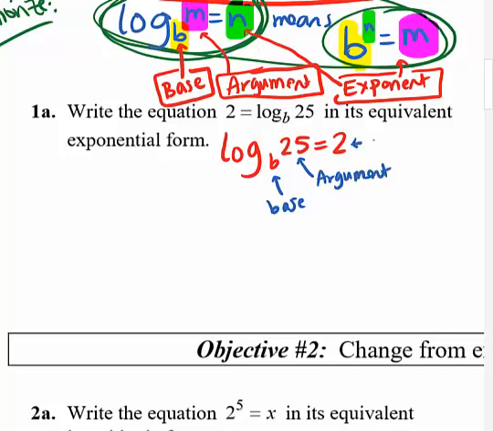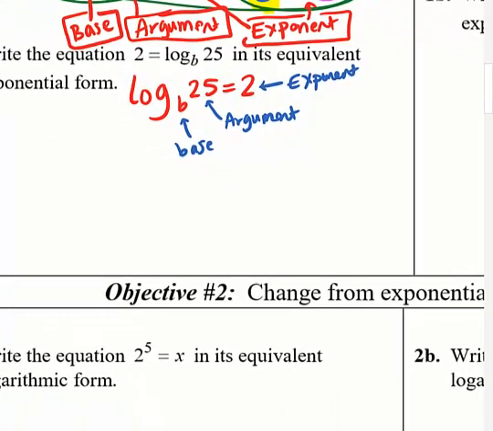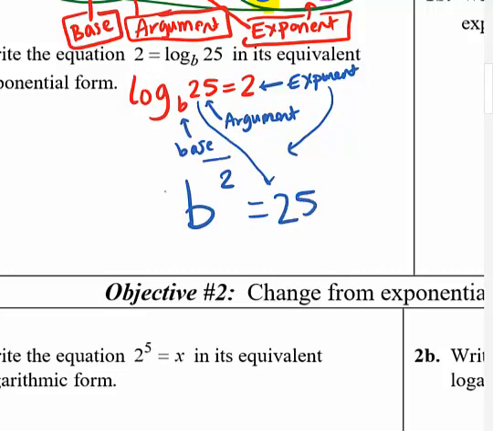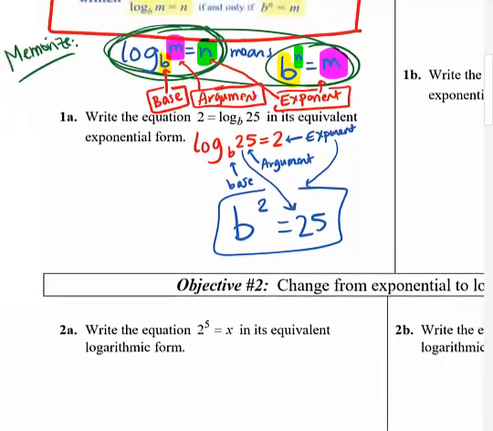And the number on the other side of the equation is the exponent. So base b should be the thing being raised to the power, and obviously the exponent is the power. And then through process of elimination, the last thing left should be what this is equal to, 25. And that's all they wanted us to do. They don't want us to solve an equation, they just want us to practice rewriting a log as an exponential.